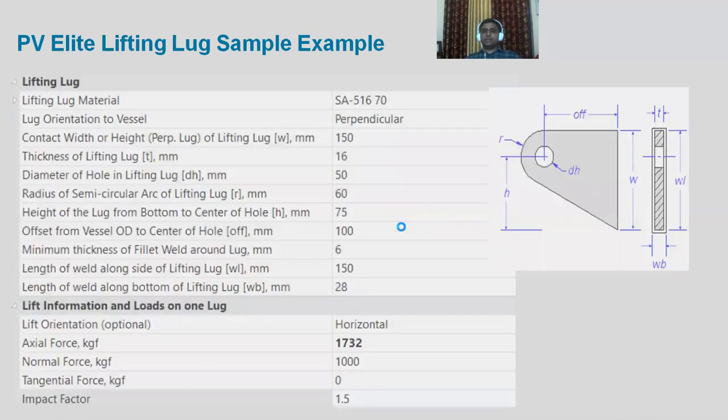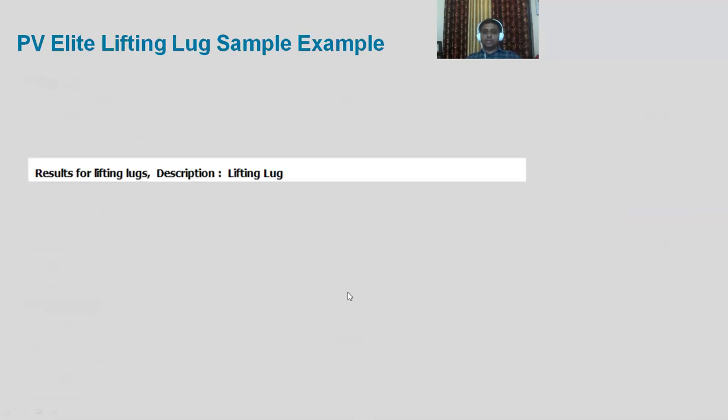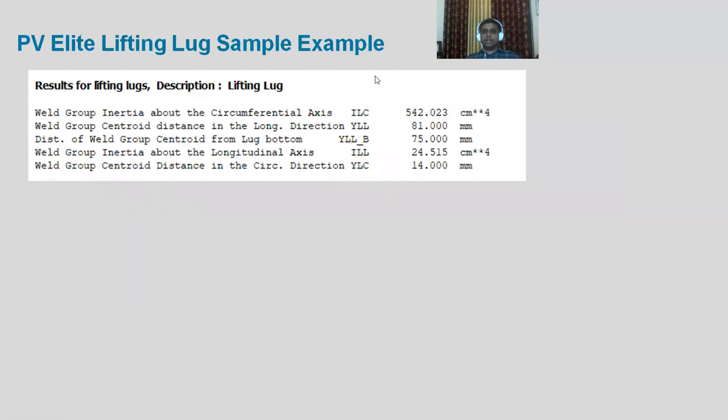Now, once we have performed the calculations, the results will appear like this. So let's analyze each and every part of that result. Let's concentrate on the results for the lifting lug description. You can see that similar data will appear. First is the weld group inertia about the circumferential axis, and they have directly given you the values.